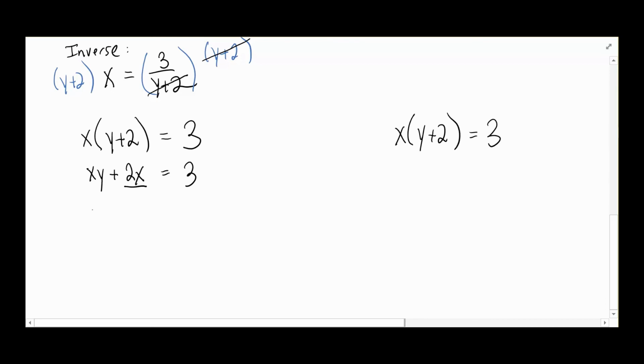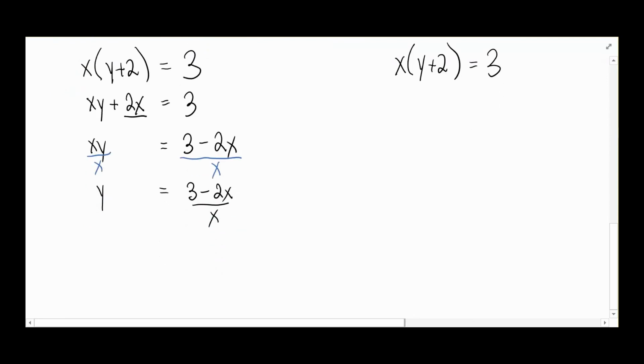Subtract him to the other side. So the next thing is 3 minus 2x, or if you want to write negative 2x plus 3, whatever. Now to get the y by itself, we could divide both sides of the equation by x. That's going to get me y equals, which is what I wanted, 3 minus 2x over x. And then instead of y equals, we have f inverse equals.